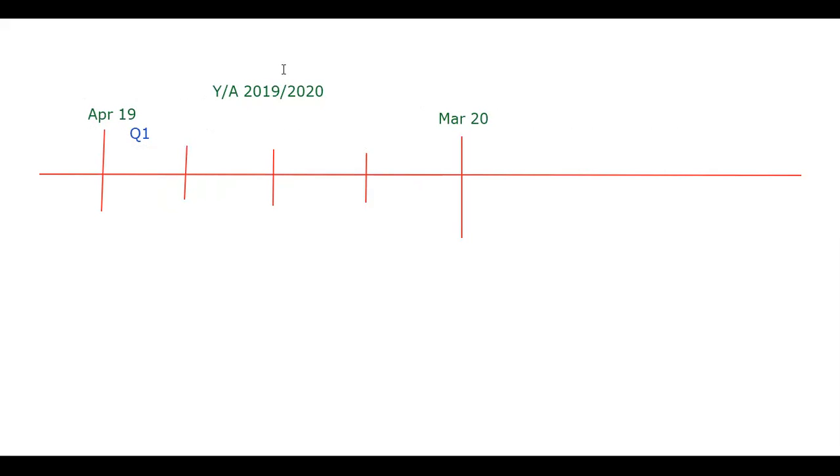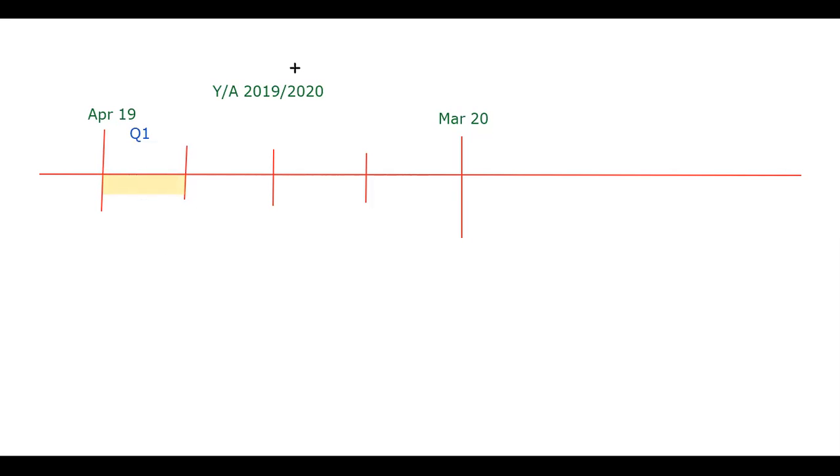Then when is the first quarter tax payment due? Let's say in this period, when should the income tax payment be made by them?